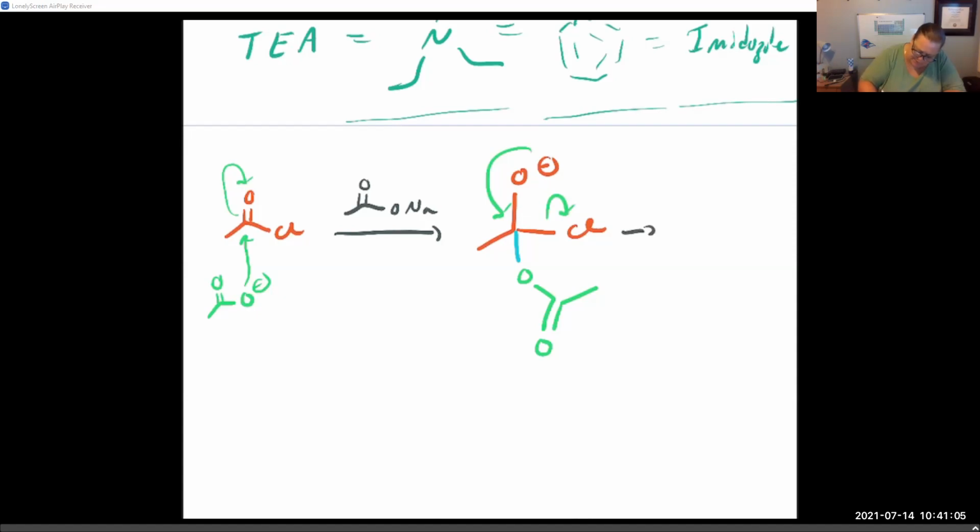I mean, this is about as easy as it gets. Of all of organic chemistry, it is simply this easy. Okay, so that's it. And we have to remember that acetate comes in as an anion, right?